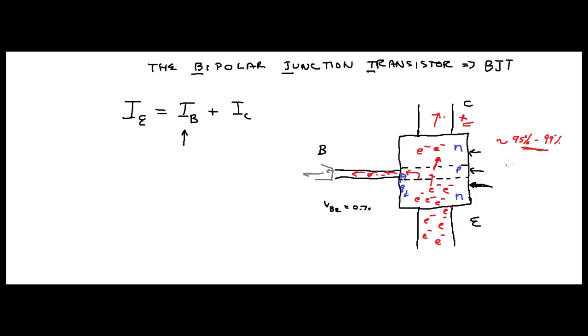It's between 1 and 5% of the electrons that take this route in the base. So basically an approximation is commonly used in our problems, where we say that the emitter current is approximately equal to the collector current, all right? So these two relationships you probably want to write down.